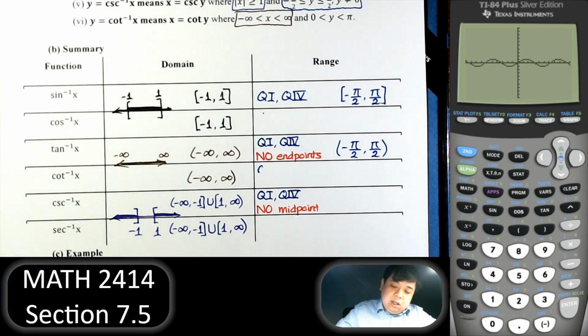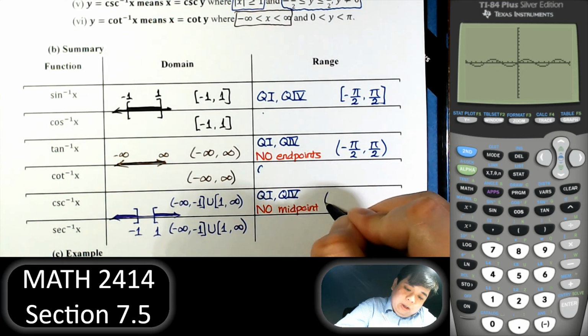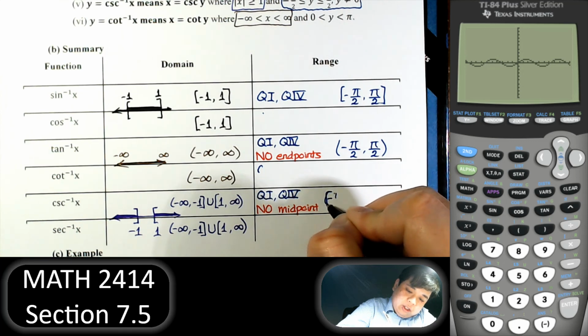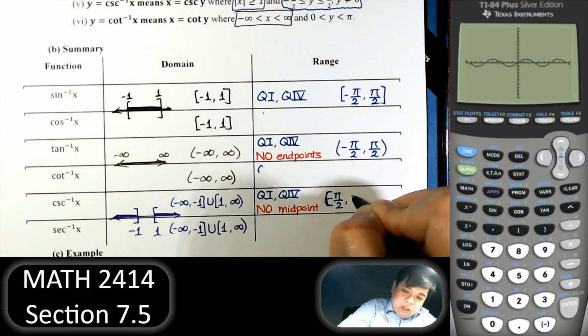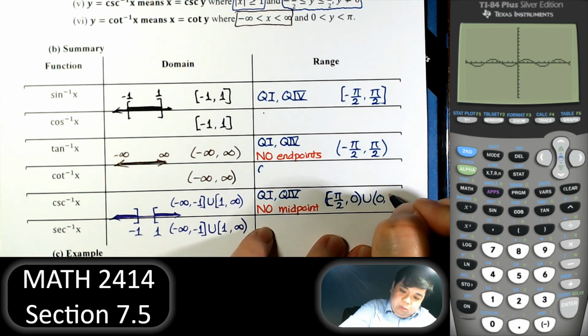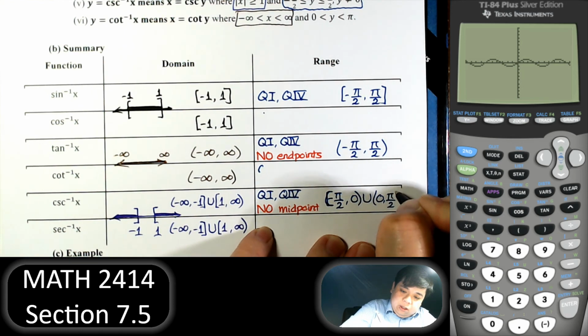Which means we will go from negative pi over 2, including negative pi over 2 square bracket, to 0 but not including 0, and then from 0 to pi over 2. Right.